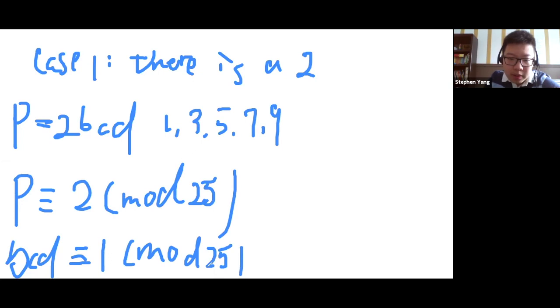Okay, so 25 is a multiple of 5, and BCD, when multiplied together, their product is not a multiple of 5, which means BCD cannot be 5. So BCD could only be from 1, 3, 7, 9. Now there is no better solution than trying all of them.